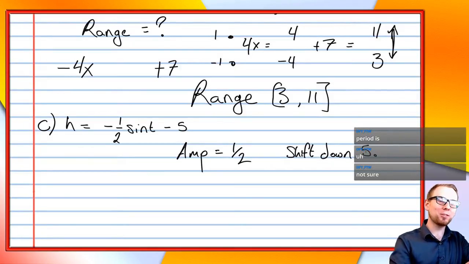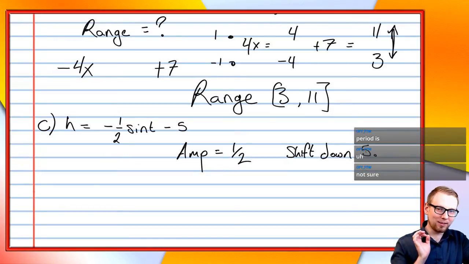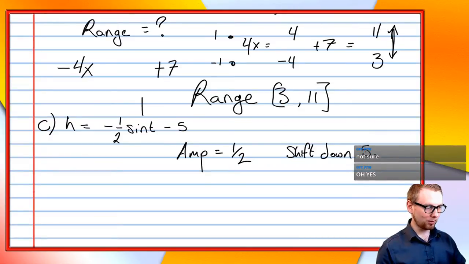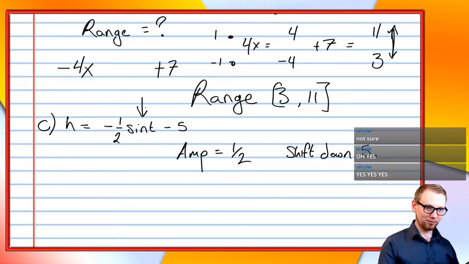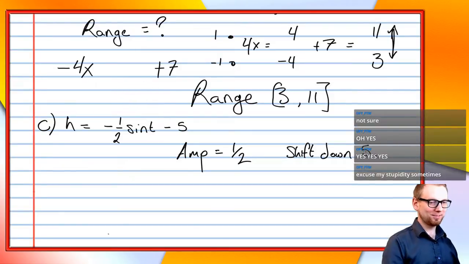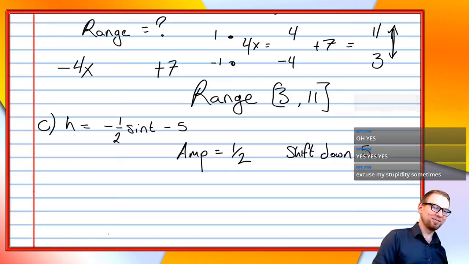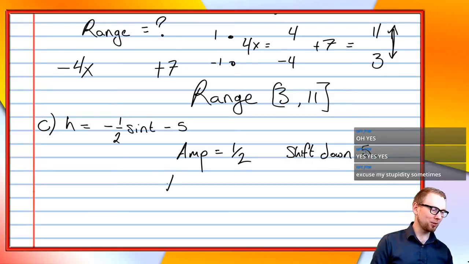They haven't changed. The sine function and the cosine function always have a 360-degree period unless it is changed. This is just a regular sine t, so it's 360. Okay. Period is 360.